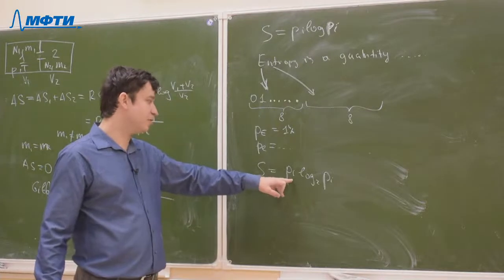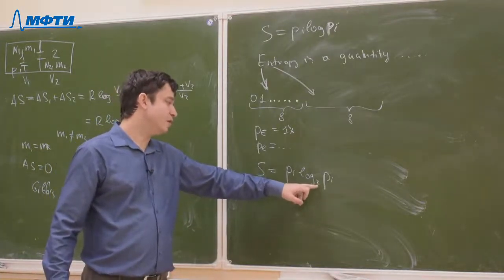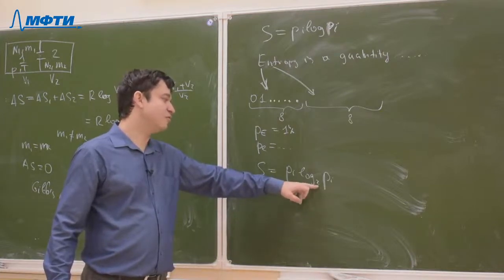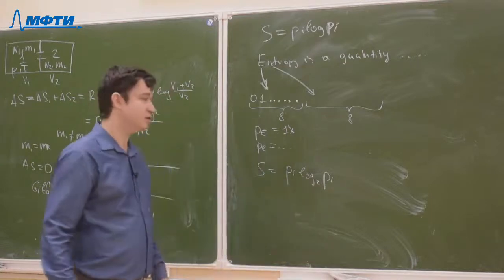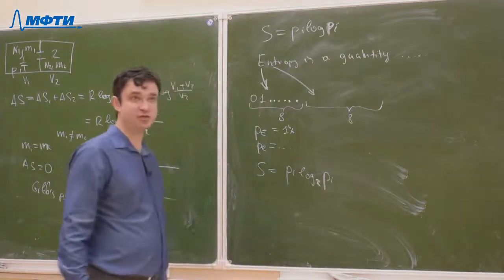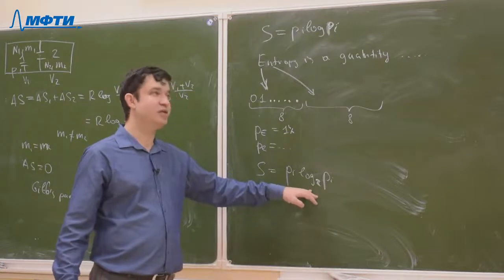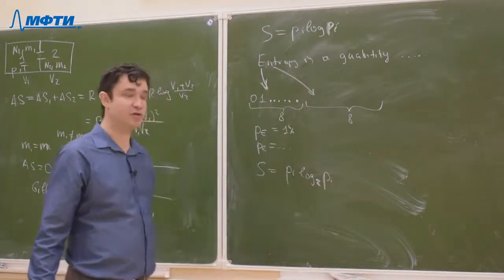They have probabilities, but the base of the logarithm is not the natural exponent, but the number 2. It's just due to the fact that we use a binary representation of data. That means that this quantity is more meaningful than this one in this respect.